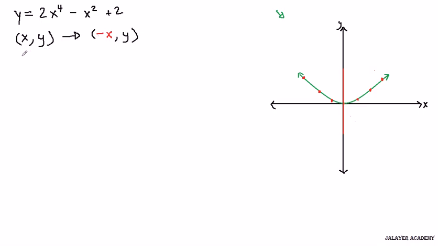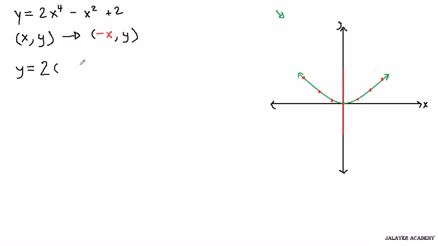So if we were to continue and go about replacing every x with negative x and leave all the y's the same, we would get y equals 2. Everywhere you see an x, put the x in parentheses, negative x.